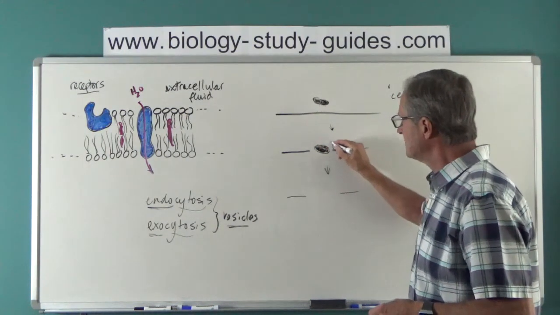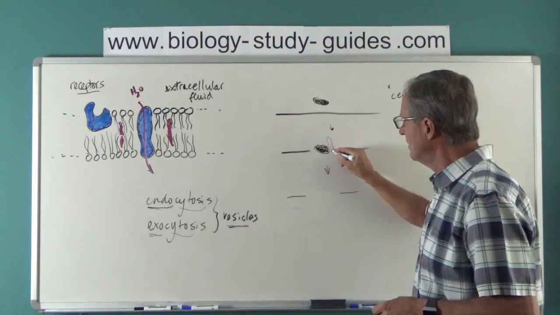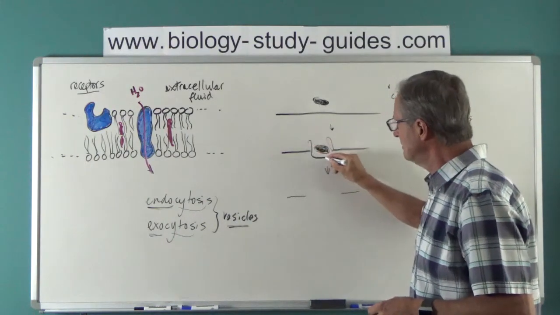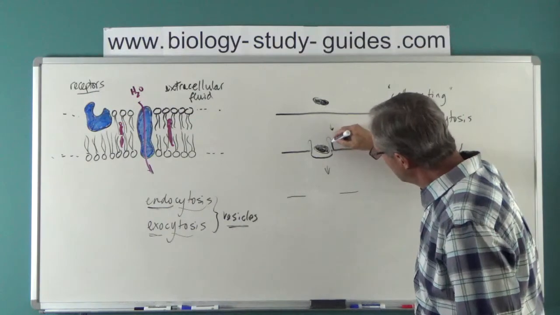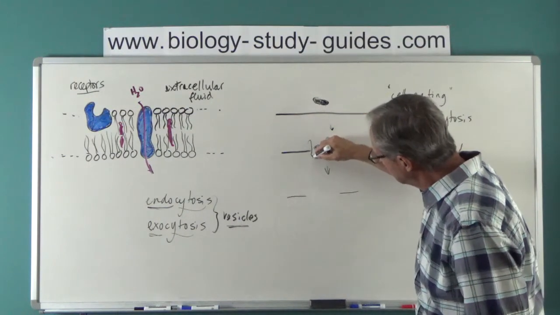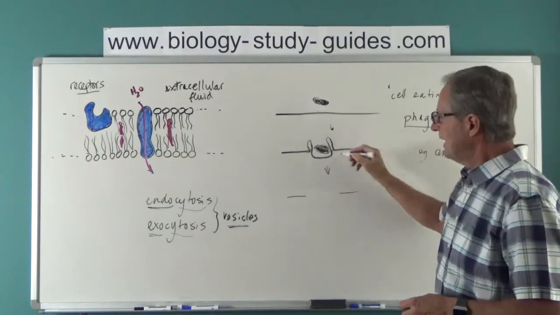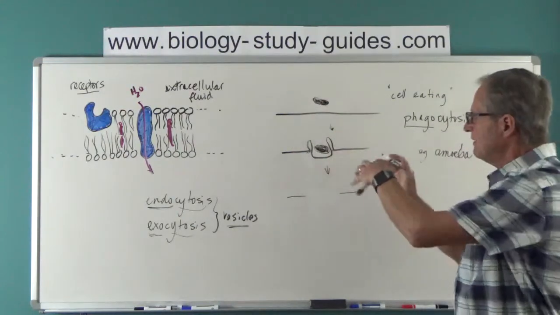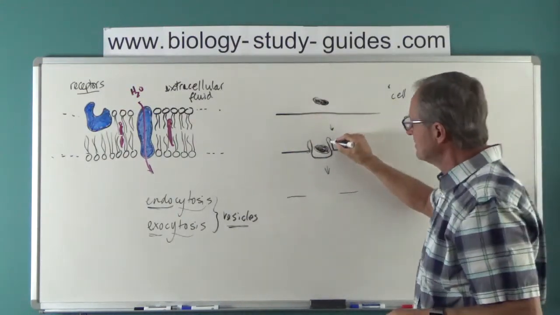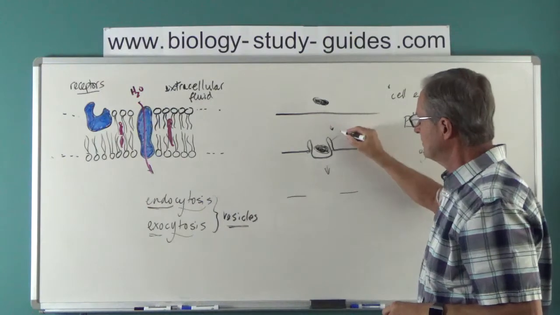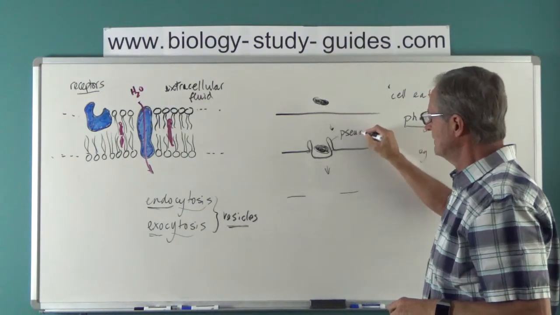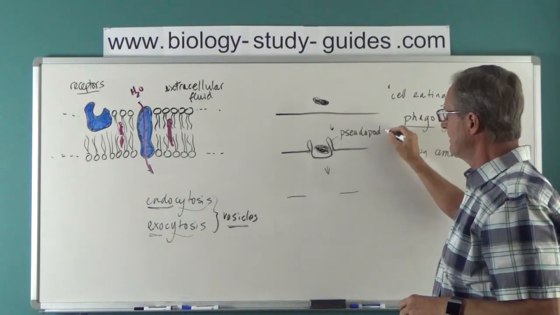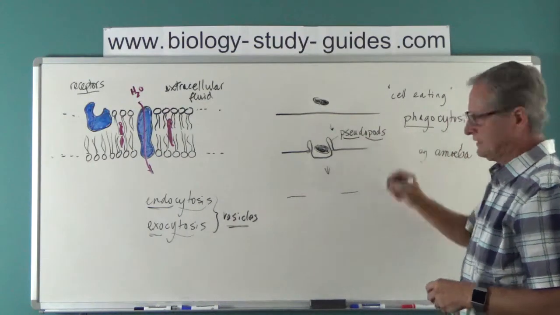It will actually take its membrane and it'll do this. It'll go out and grab it like that. And it'll go out and extend some pieces of the membrane, these things here are called pseudopods. False feet.